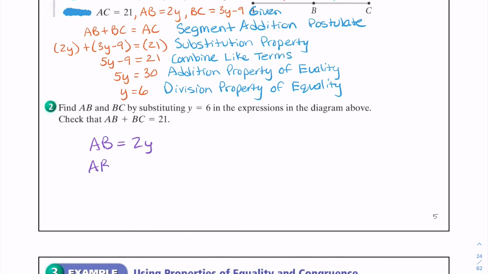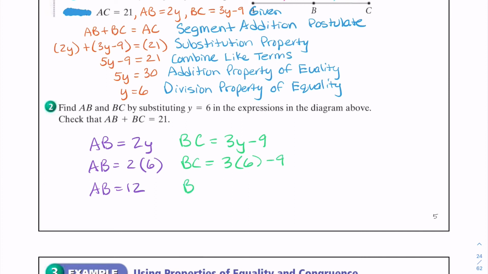So AB equals 2 times 6, and AB equals 12. And then BC equals 3y minus 9. So BC equals 3 times 6 minus 9. BC equals 18 minus 9. So BC equals 9.